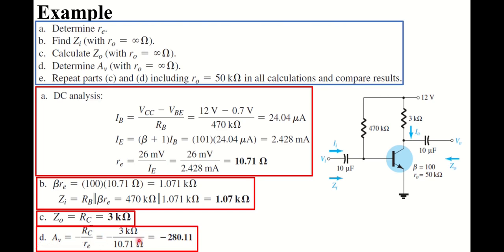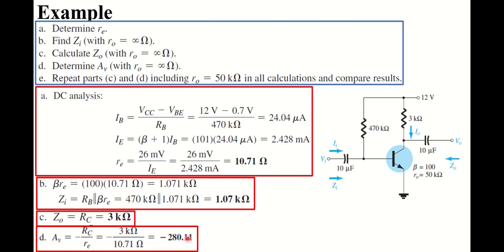That comes out to be equal to minus 280.11. This means that the input voltage Vi will be amplified 280.1 times, and the negative sign implies that the output voltage will be 180 degrees out of phase, as discussed on the previous slide.